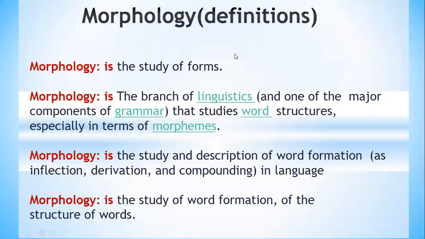So it deals with the rules of attaching suffixes or prefixes to single morphemes to form words. Morphology is the branch of linguistics and one of the major components of grammar that studies word structures, especially in terms of morphemes. Also, it studies the descriptions of word formation as inflection, derivations, and compounding in language.